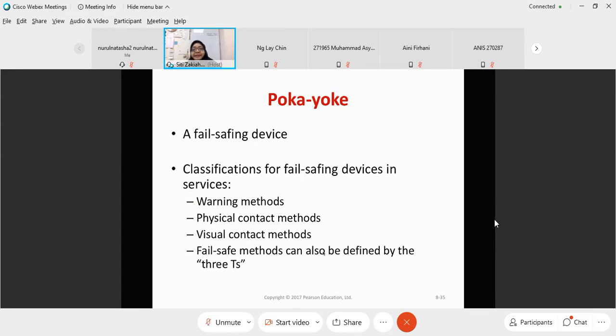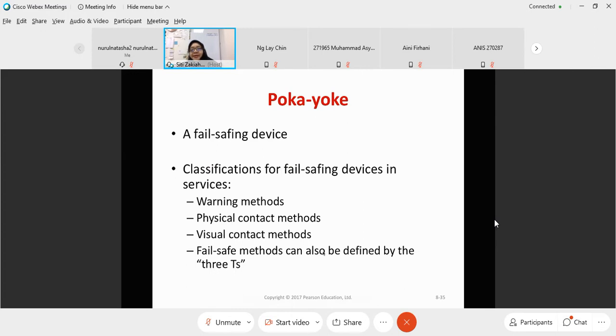A fail-safing device is a method to make sure that when you do certain service or certain activity, it won't be wrong.